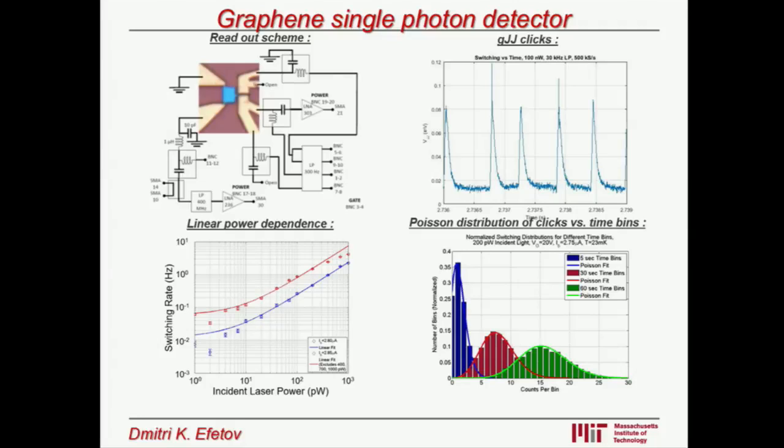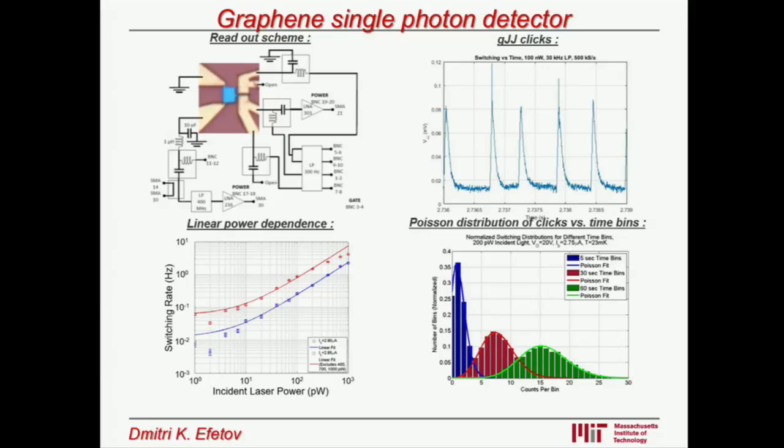It's not a single photon source, but single photons are what arrive. If we attenuate the power so that our graphene absorbs maybe 1 photon per second or 1 photon per minute, we can use a normal light source and attenuate it enough, and then we get single photons into the device. This is not like an NV center or a quantum dot which emits a single photon, but the effect for the detector in the end is the same.